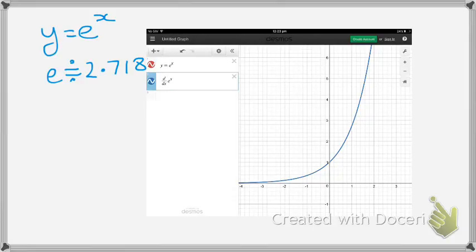So that gives us a formula. We know that the derivative of the exponential function is in fact the exponential function.